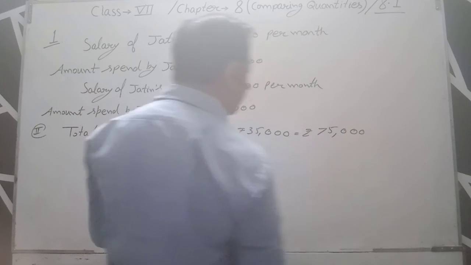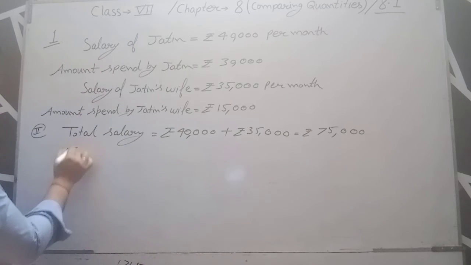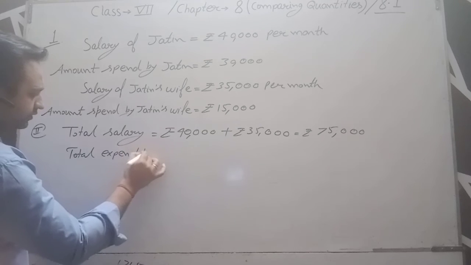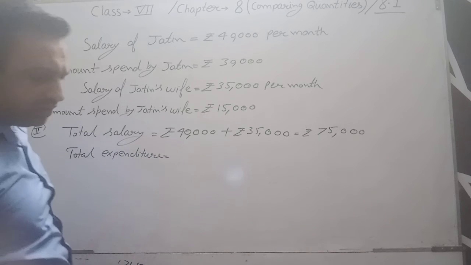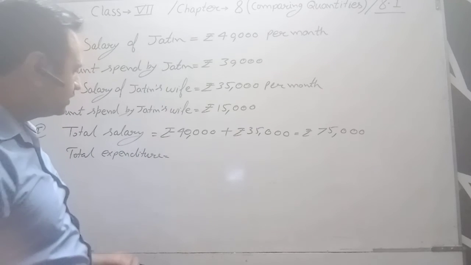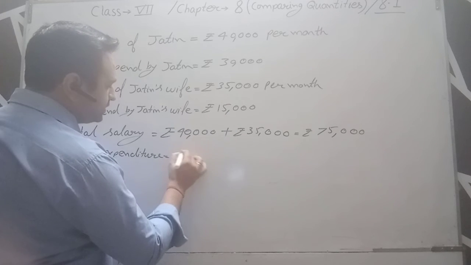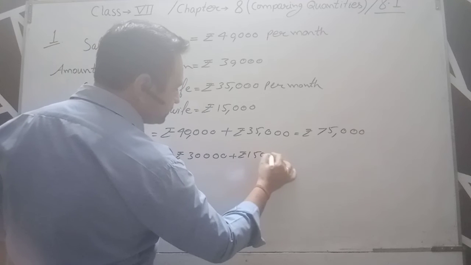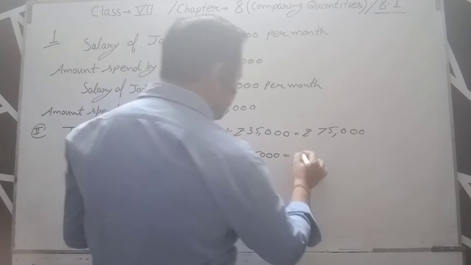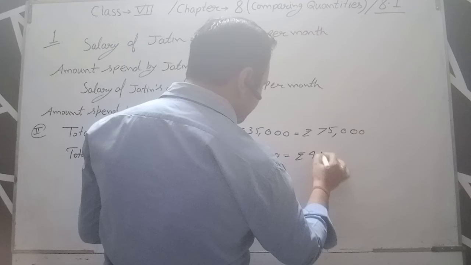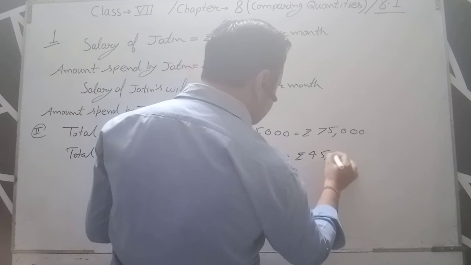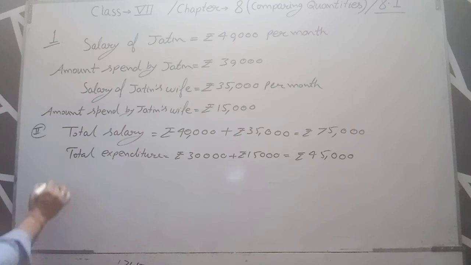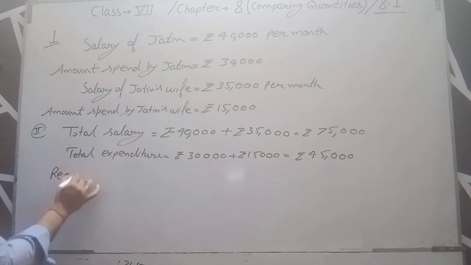Now we have to find total expenditure, यानी कि उन्होंने कुल कितना खर्चा किया। ₹30,000 spent by Jatin and ₹15,000 spent by Jatin's wife. So ₹45,000 total expenditure.